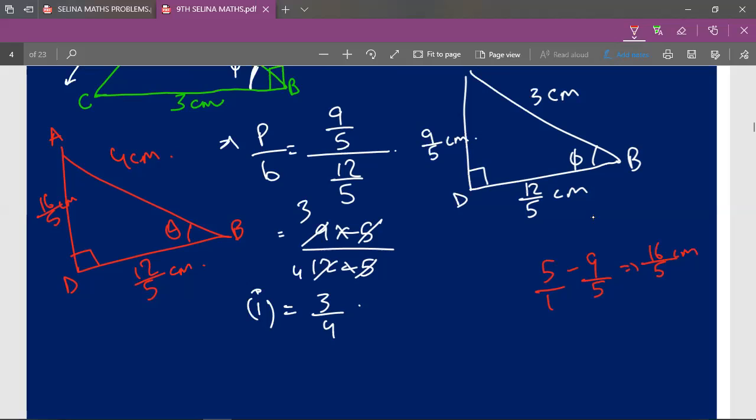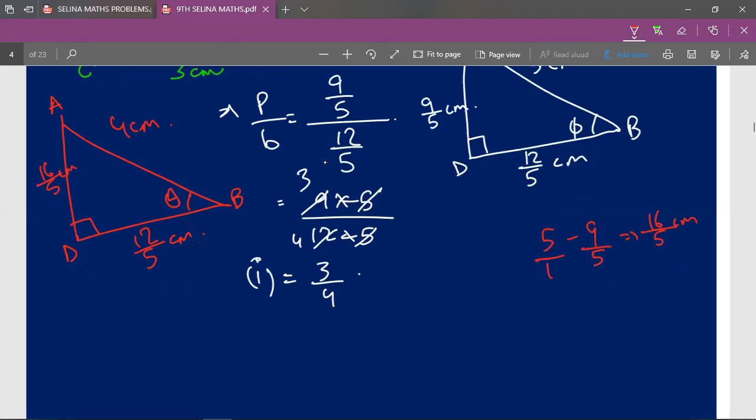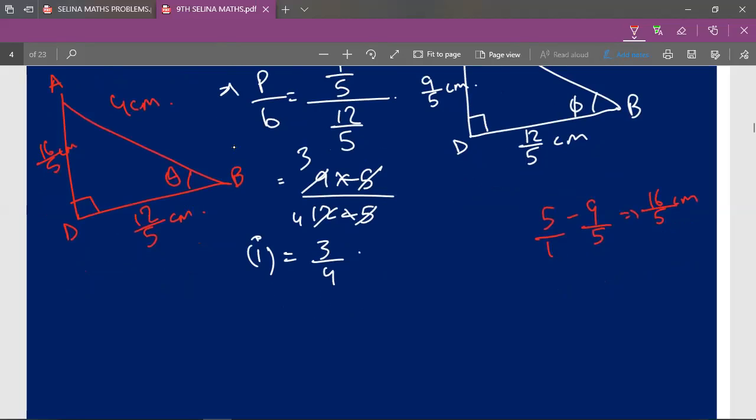And all we have to do is find sine theta, that is angle DBA. Sine theta states that with respect to angle theta, sine theta is perpendicular upon hypotenuse. So our perpendicular, that is AD, is 16 upon 5. So we'll write that down. And our hypotenuse is 4.